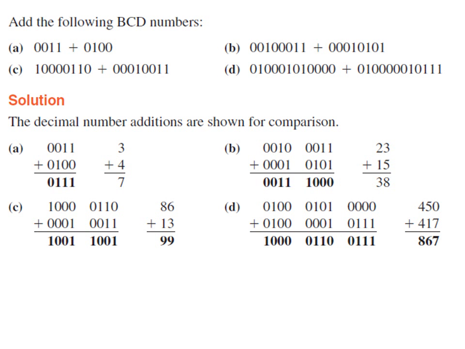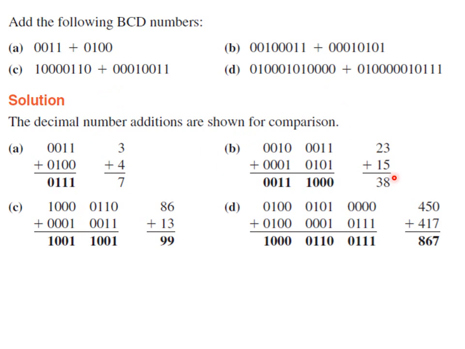We'll see some examples. Add the following BCD numbers: 0011 plus 0100. When added, 3 plus 4 is equal to 7. 7 is a valid BCD code, so further processing is not needed.